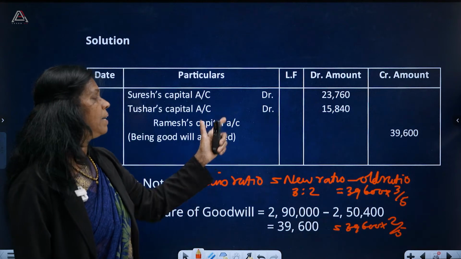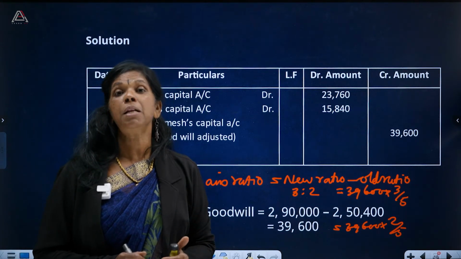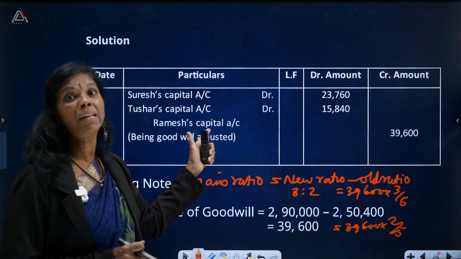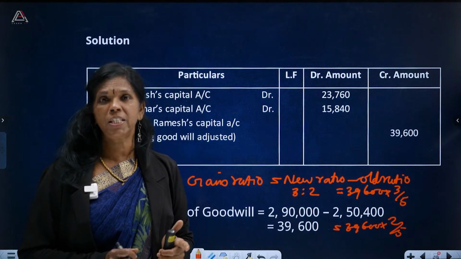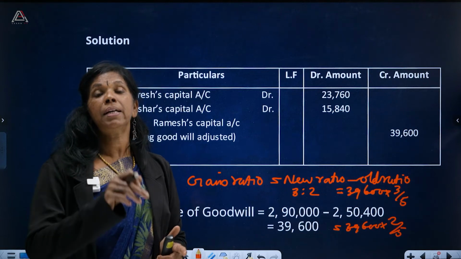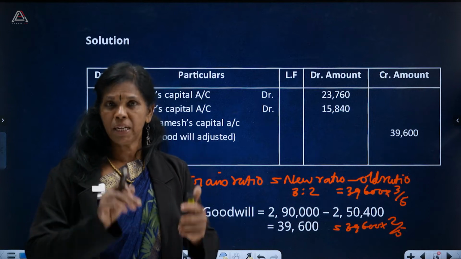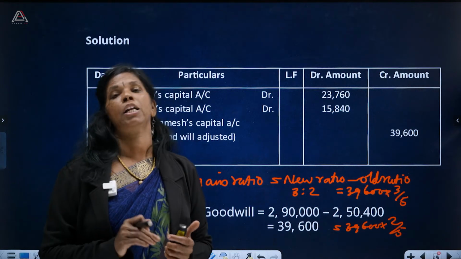Then what is the journal entry for adjusting the goodwill share of the retiring partner? Remaining partners' capital account debtor to retiring partner's capital account. This is the journal entry for adjusting goodwill of the retiring partner, in gaining ratio.